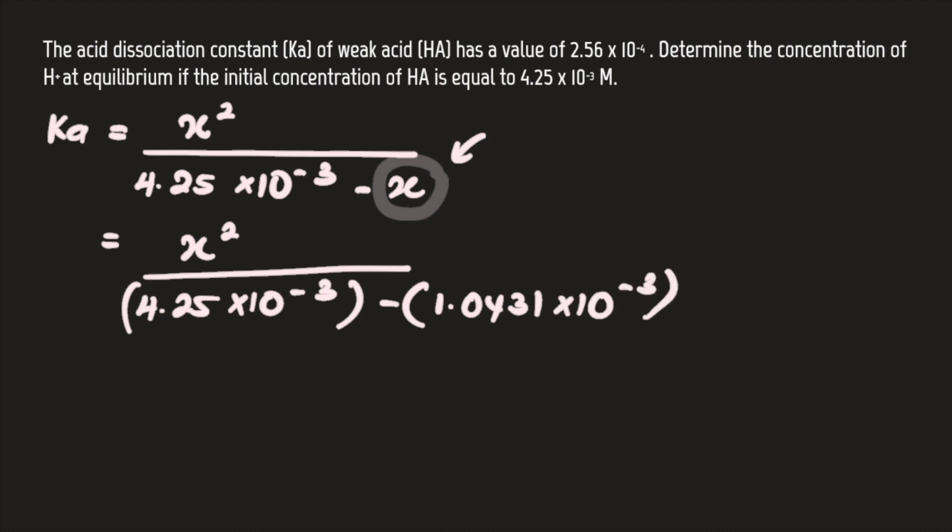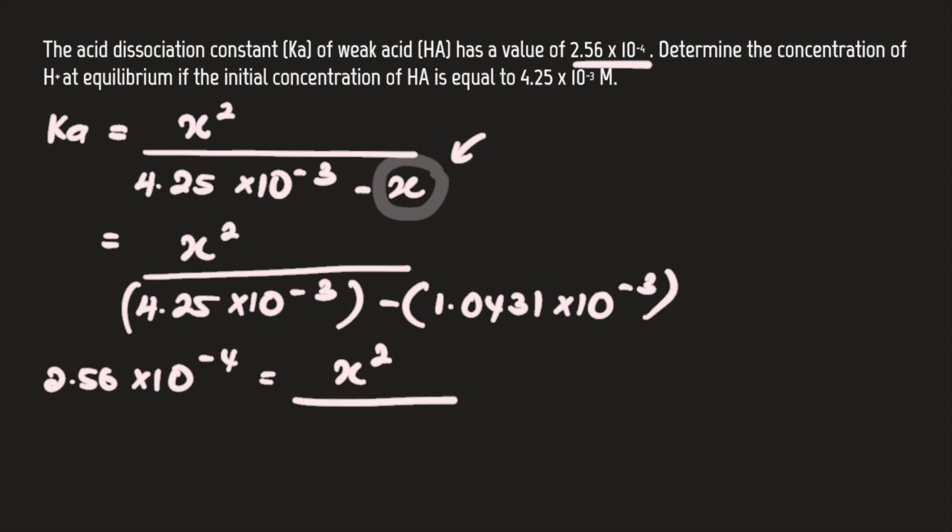So now you are going to get a new value of x, because here your Ka is still the same. So 2.56 times 10 to the power of negative 4 is equivalent to x squared divided by 3.2069 times 10 to the power of negative 3.